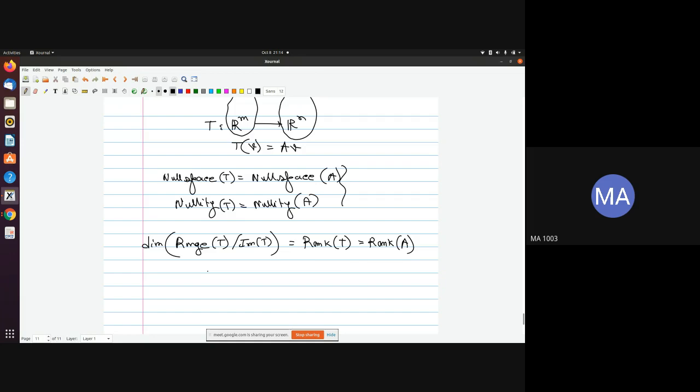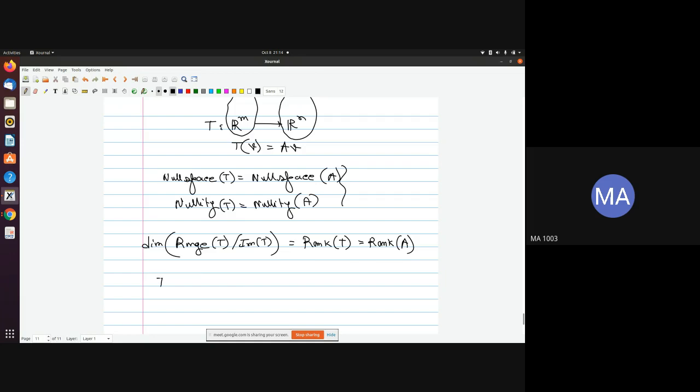This is in general, whatever the function is. We are always talking about the range of T or the image of T, the set of outputs.